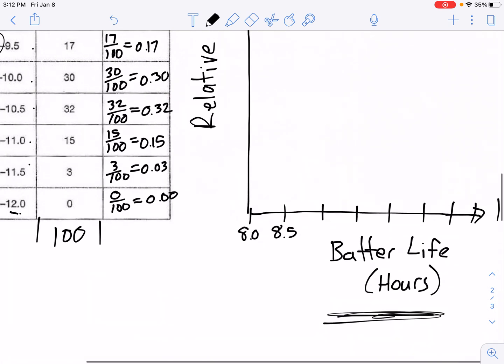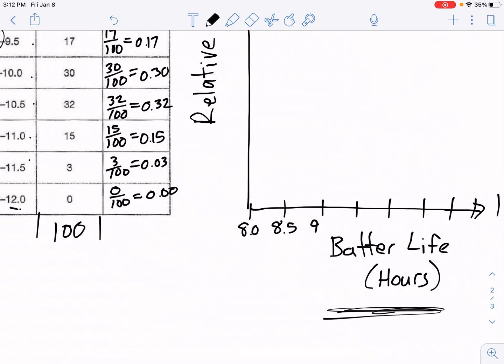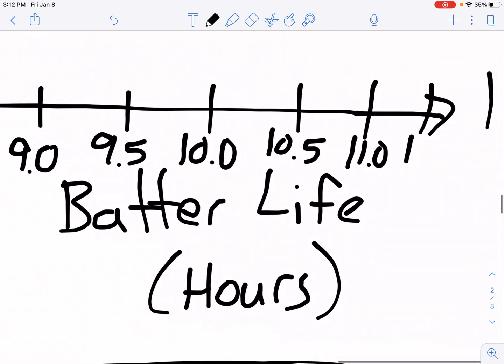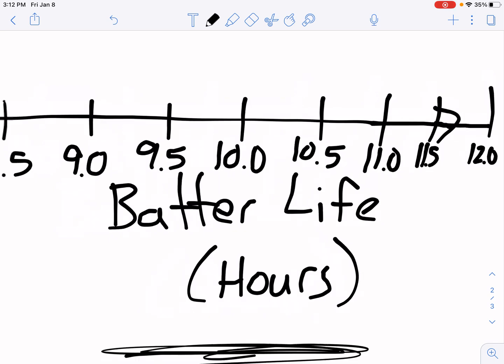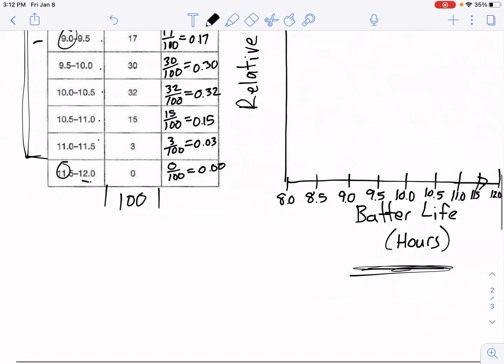Then the next one would be 9.0, 9.5. Then we could go 10, 10.5, 11, 11.5. Again, kind of running out of room here. And then all the way to this end tick mark, we would have 12. So that's another common way that you'll see it labeled.